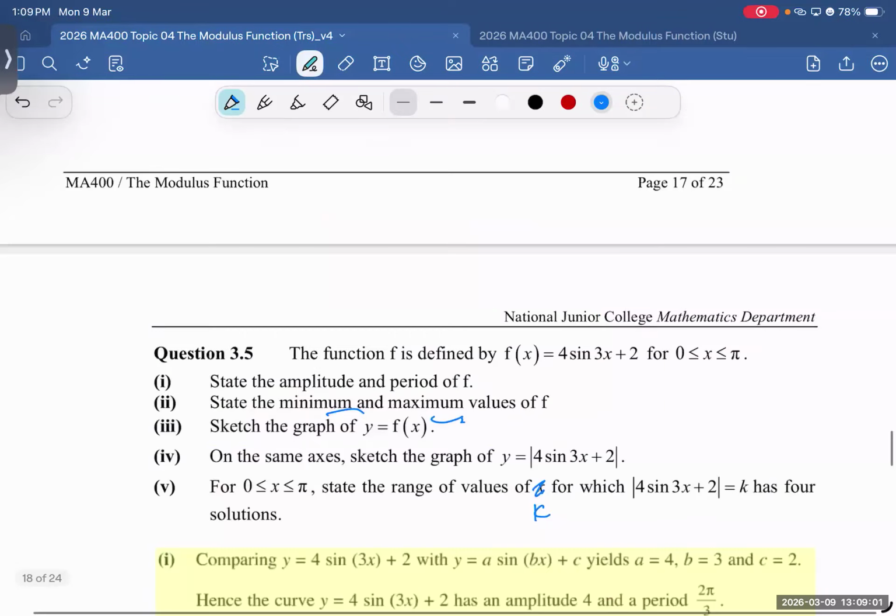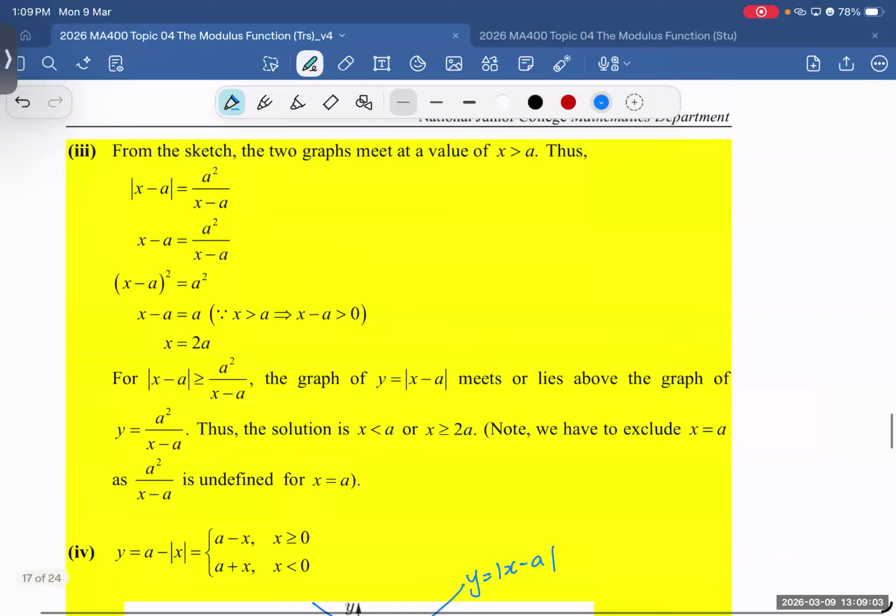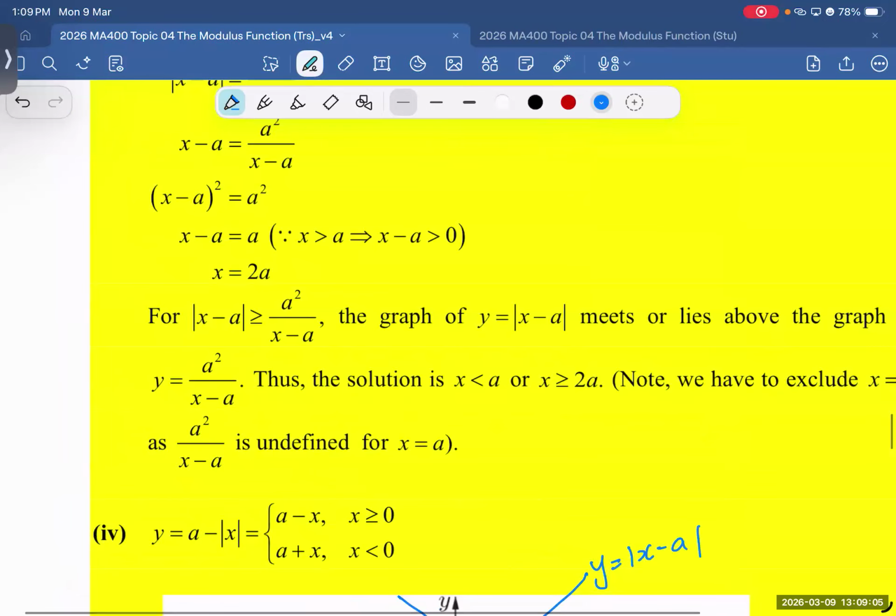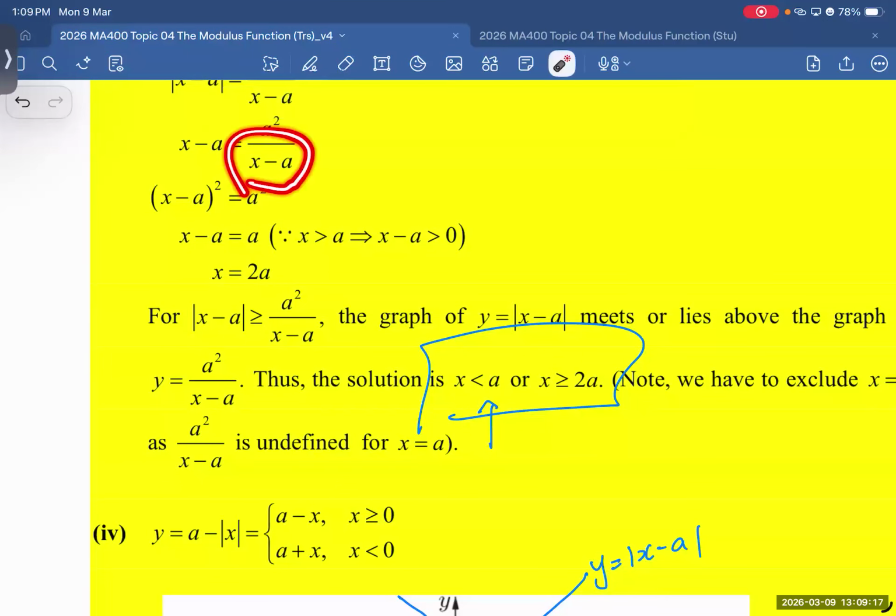So the 3.4 part 3 answer is basically x less than a or x more than or equal to a. x cannot be equal to a because it's an asymptote. If x equals a, the denominator becomes 0.